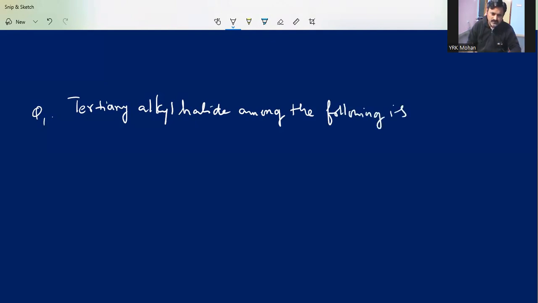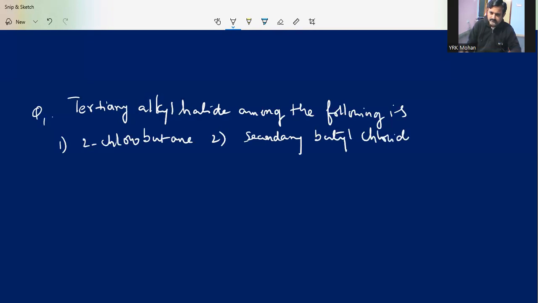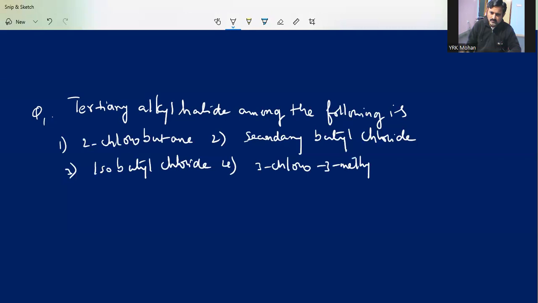We have options: 2-chlorobutane, also secondary butyl chloride, another one isobutyl chloride, and the fourth one 3-chloro-3-methyl pentane. Okay, let us see that.